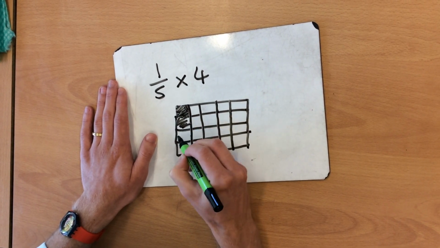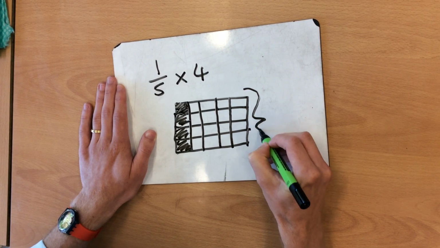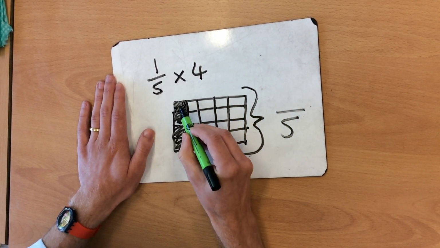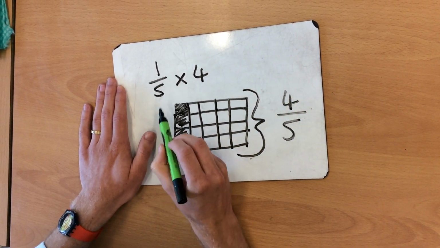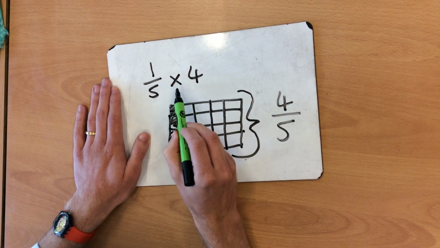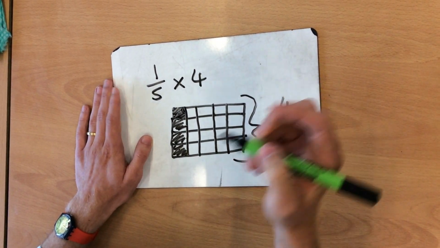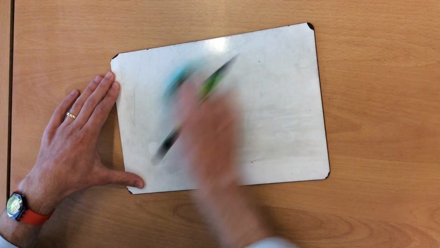So I need to shade in just one of each bar, and my denominator is still 5, and I've got 1, 2, 3, 4 for my numerator. So 1/5 multiplied by 4, 4 lots of 1/5, is 4/5. So that's one method to solve a unit fraction multiplied by an integer.